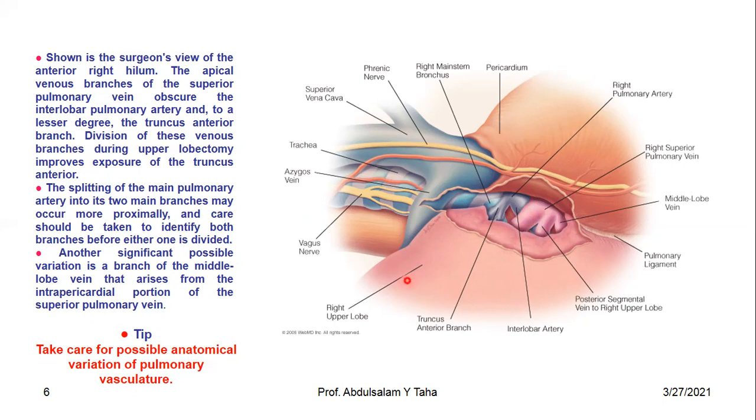We have to take care of possible anatomical variations of the pulmonary vasculature. Sometimes the middle lobe vein arises from the intracardiac portion of the superior pulmonary vein, and other variations may be present. We have to be careful about that.